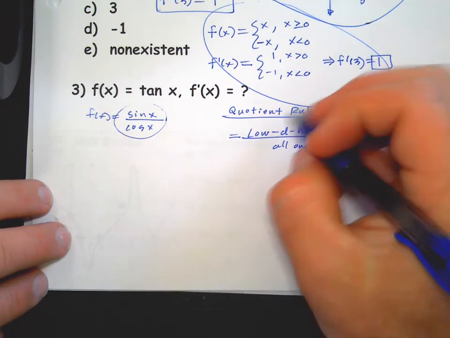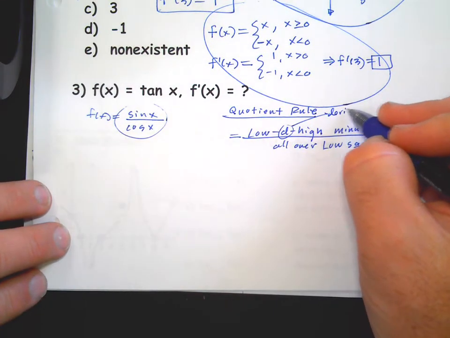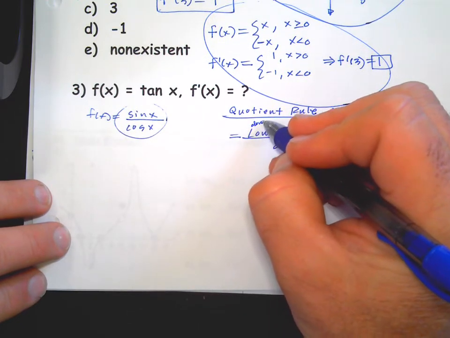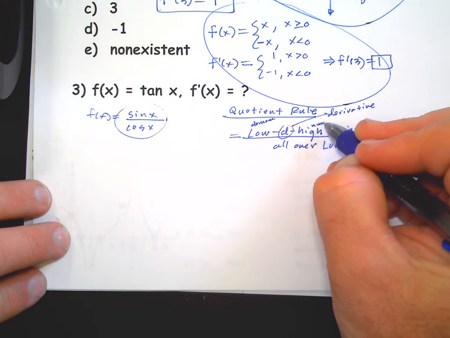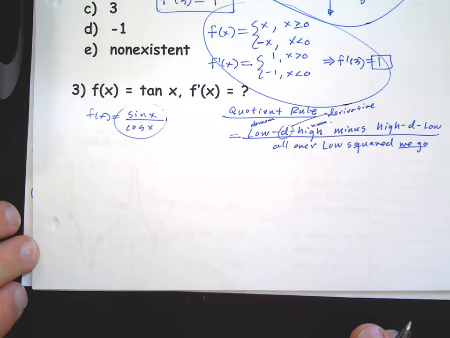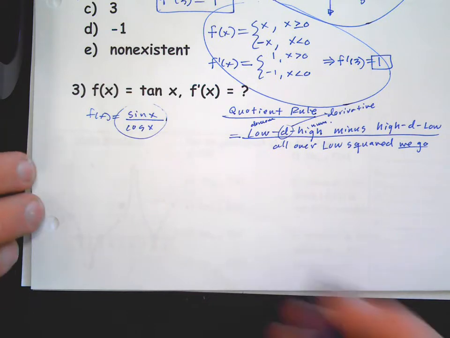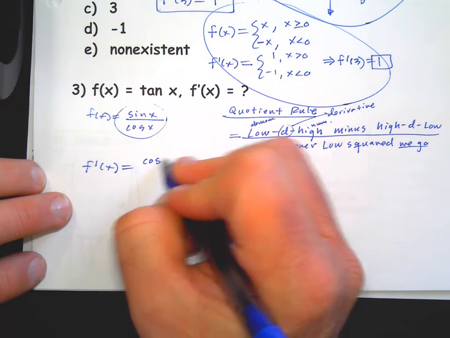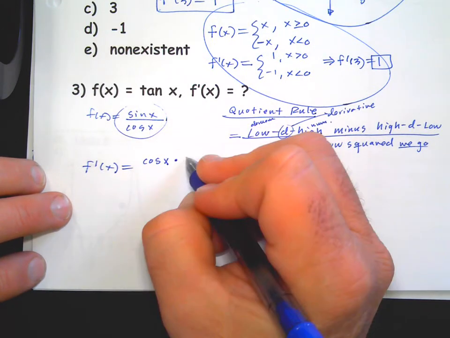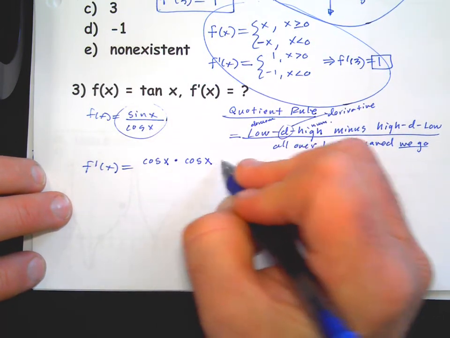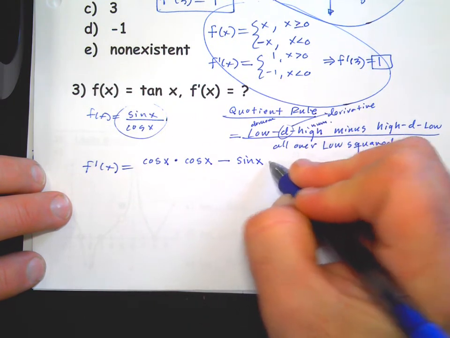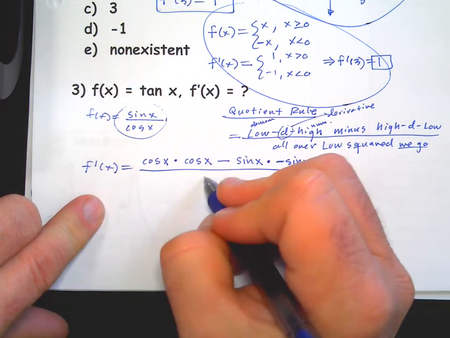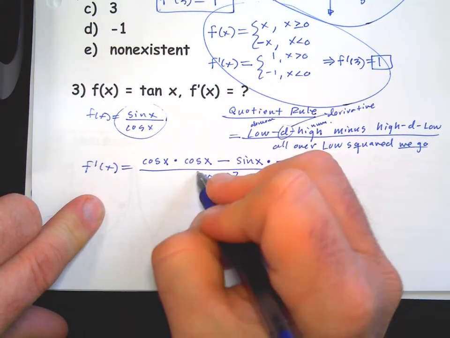Now the d's represent derivatives, and the low means the denominator, and the high means the numerator. It just rolls off your tongue a little better. Low d high minus high d low, all over low squared. So in this case, the derivative is going to be low d high, the derivative of sine we learned was cosine, low d high minus high d low, the derivative of cosine is negative sine we learned the other day, all over low squared, which I usually put in parentheses.